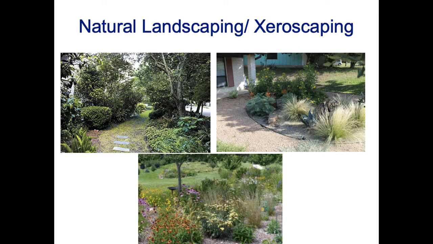So out in the West, where water is much more limiting, this idea of xeriscaping is having plants that can survive in the native ecosystem, as opposed to constantly watering them and picking plants because they look nice, picking plants so that we can have landscaping that needs minimal maintenance.